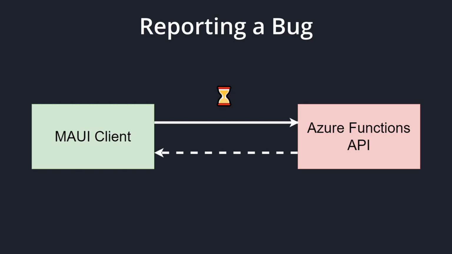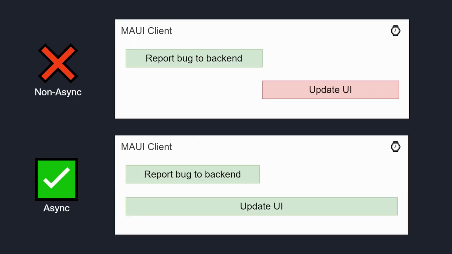Now, reporting a bug is going to take some time. We have to make a network request to our backend API and then wait for a response back to our client. Since this is going to take some time, we want to execute this asynchronously, so that we're not blocking the UI and not preventing the user from doing anything while we're waiting for a response.